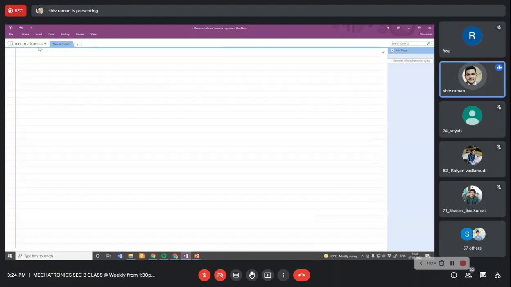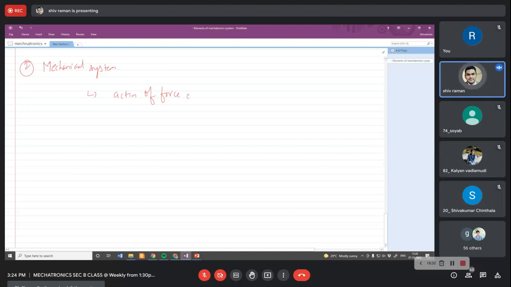Next component is your mechanical system. A mechanical system is concerned with a system which is under the action of force or moment.